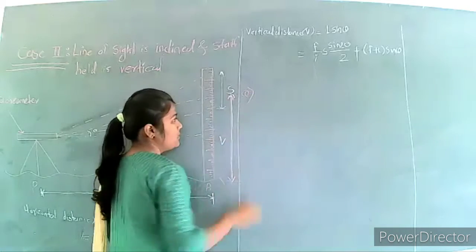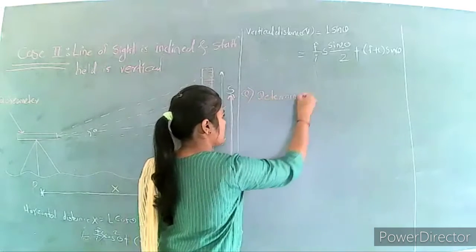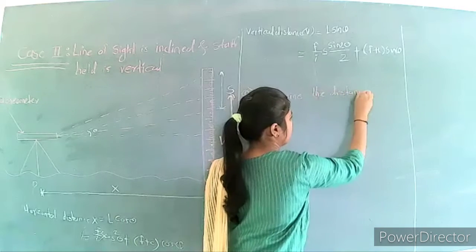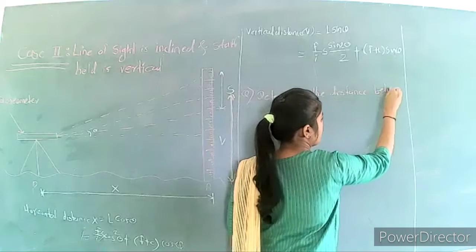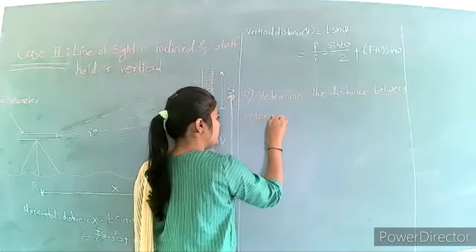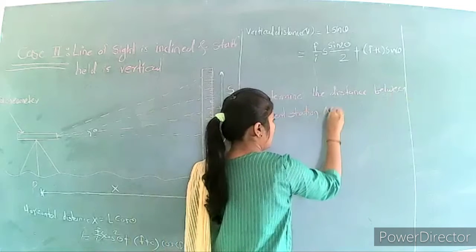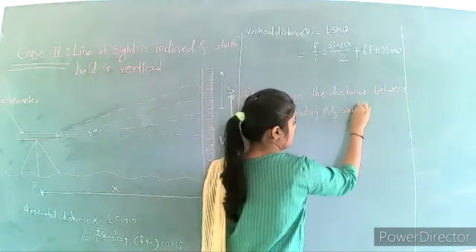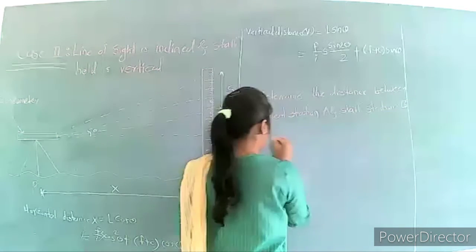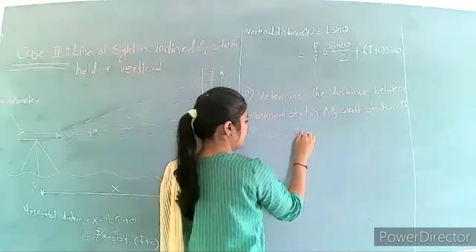The question given is, determine the distance between instrument station A and staff station B by using the following details.